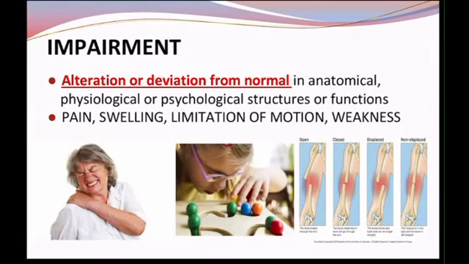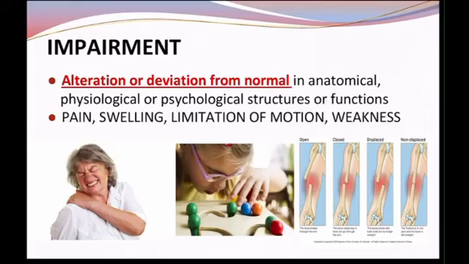First, we have impairment. Impairment is an alteration or deviation from normal in your anatomical, physiological, or psychological structures or functions. Some of the common examples are pain, swelling, limitation of motion, or at times weakness.